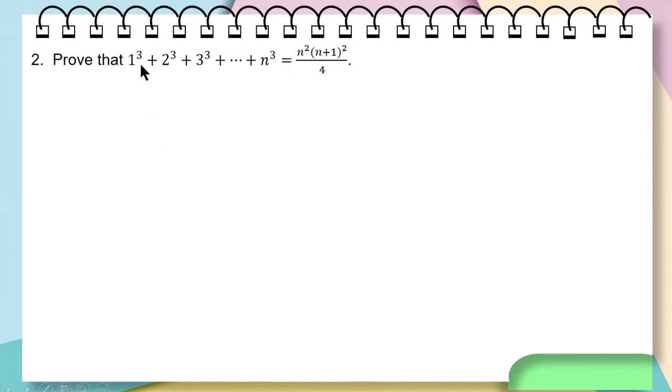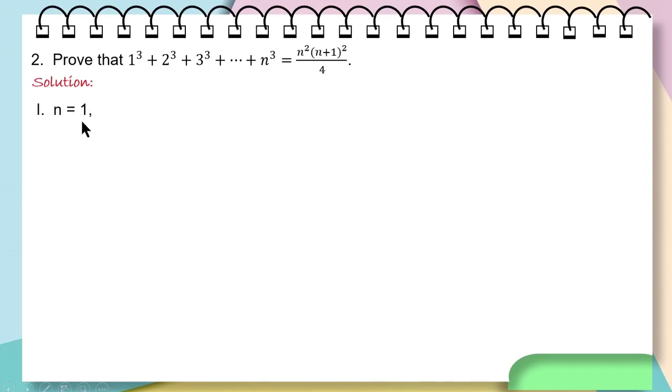Prove that 1 cube plus 2 cube plus 3 cube plus and so on plus n cube is equal to n squared times the quantity n plus 1 squared over 4. First, we verify if the statement is true for all positive values of n.